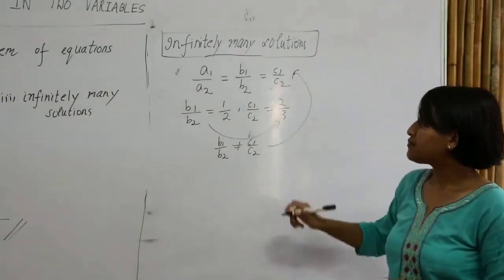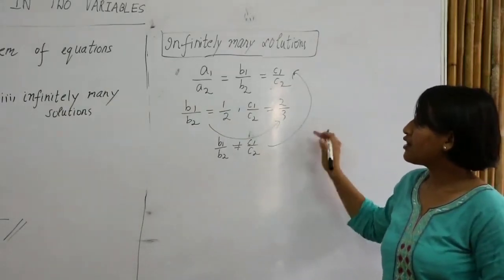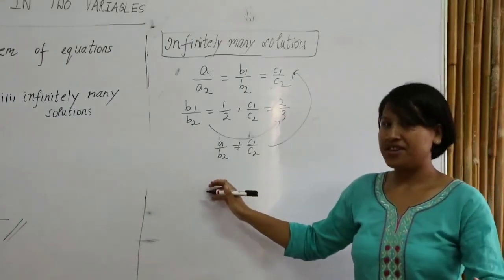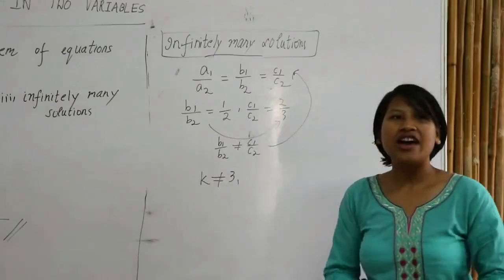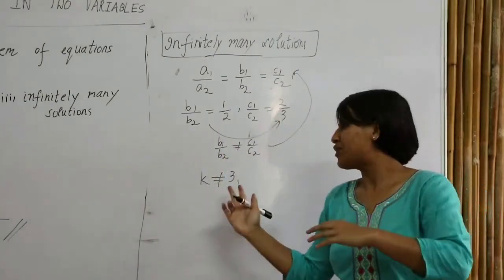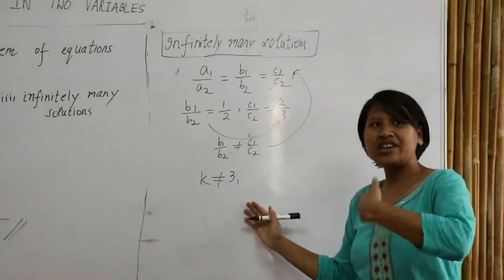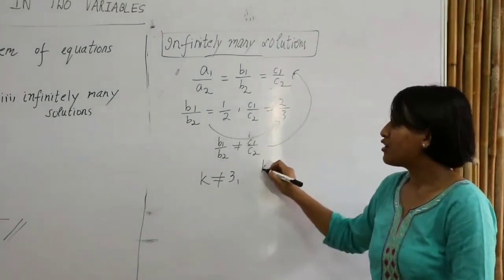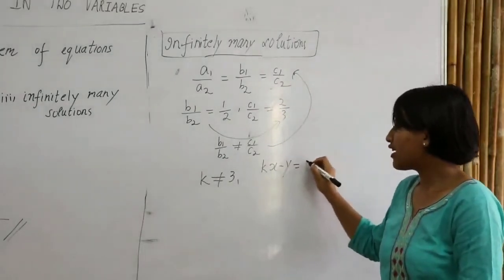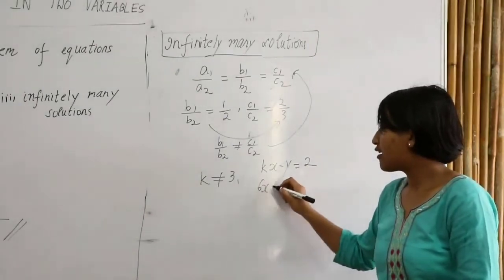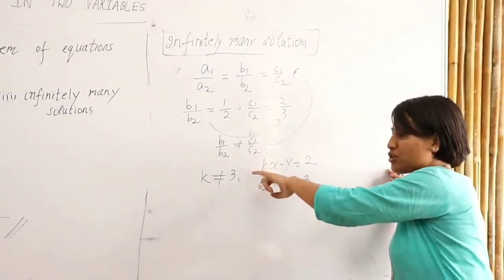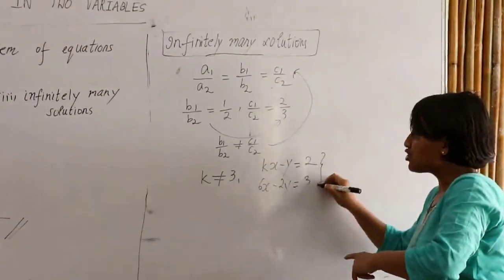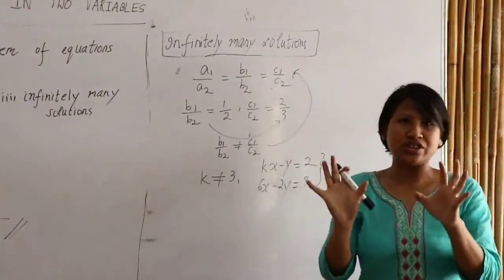However, we have seen in the first case that for k not equal to 3, any value of k except 3, you will get different equations. If you substitute k not equal to 3, these two equations will give you a unique solution.